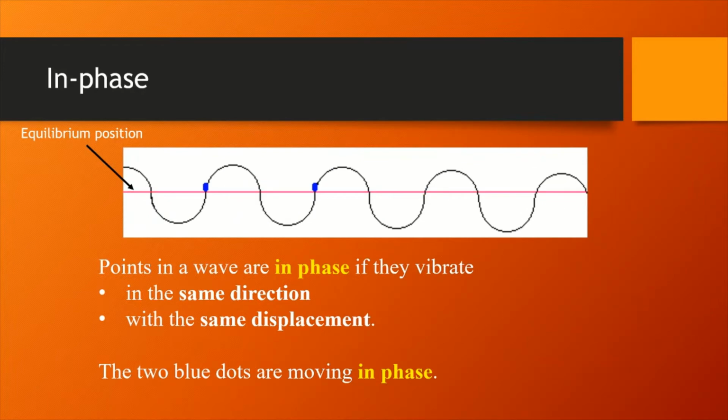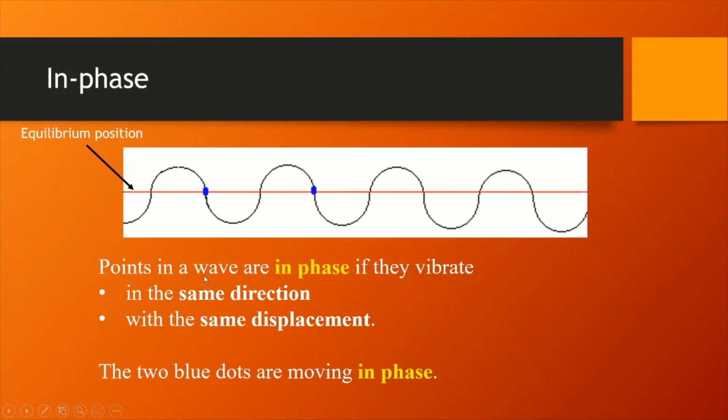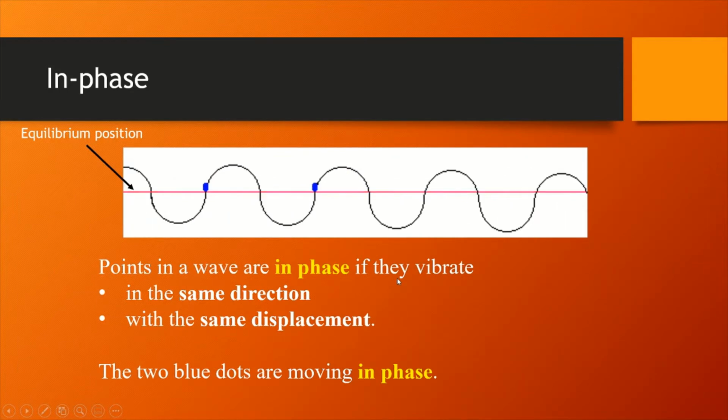With these two characteristics, points that have the same displacement and are moving in the same direction are called in phase. Points in a wave that are in phase will have the same displacement and move in the same direction. So these two blue dots are said to be moving in phase.